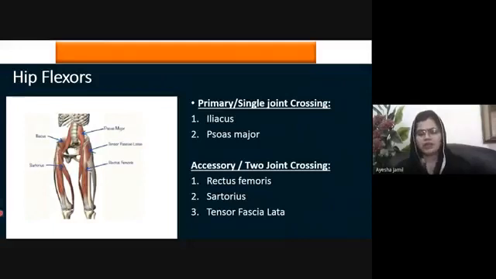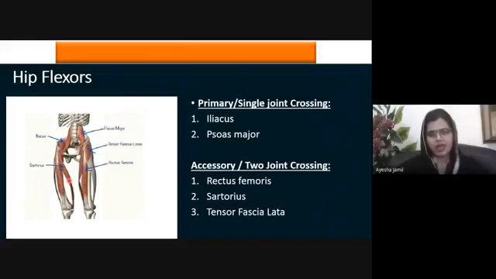And the third one is the tensor fascia lata, which is the muscle on the lateral side of the leg. You can see that these are the muscles of the hip region which serve in flexion: psoas major, iliacus, tensor fascia lata, rectus femoris, and the sartorius. So these muscles serve to flex the hip.